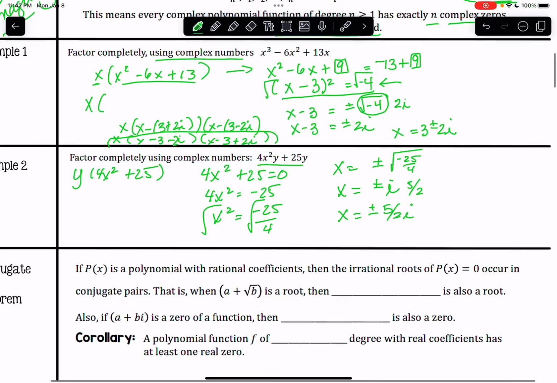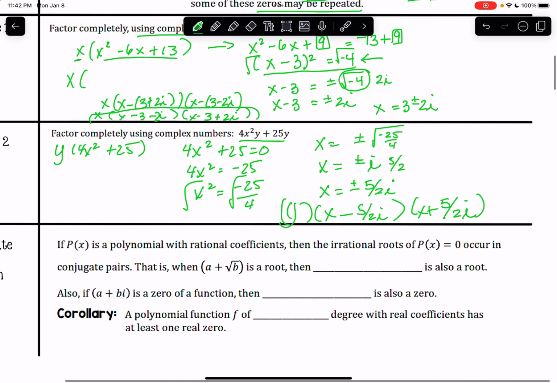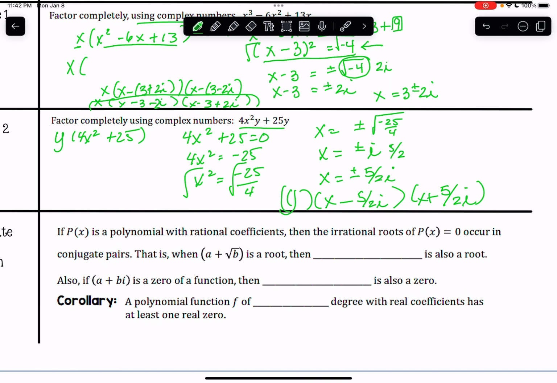So now let's write it in factored form. I would have y, and then x minus 5/2 i, and x plus 5/2 i. Now you could rewrite this as 2x minus 5i, but it's okay to keep it as a fraction.